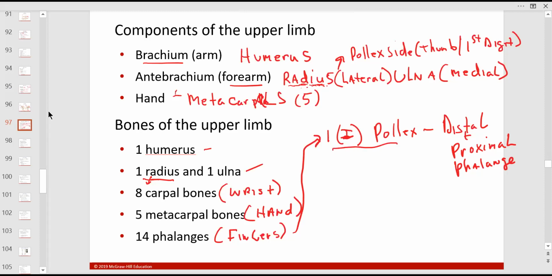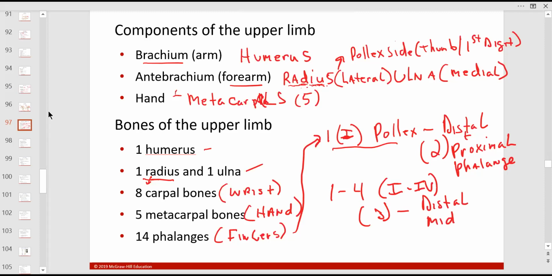So the rest of them, 2 through 5, have 3 phalanges. And it's going to be distal, middle, and proximal.